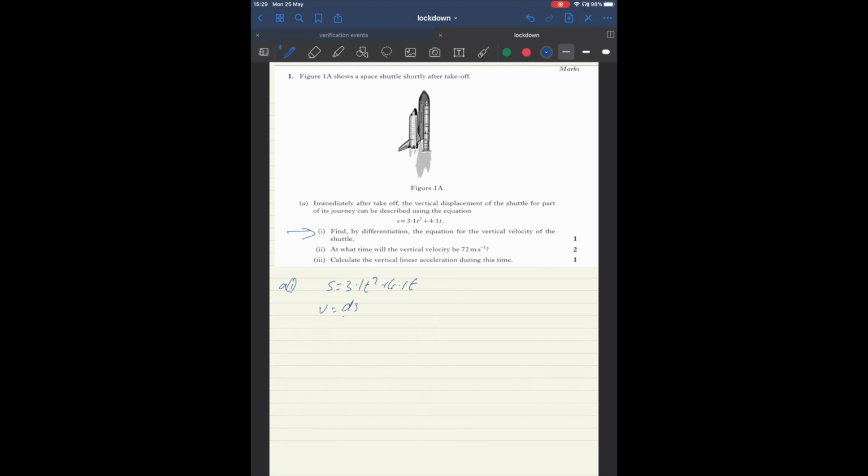So therefore v must equal ds by dt equals 6.2t plus 4.1, and a equals dv by dt equals 6.2 meters per second squared.